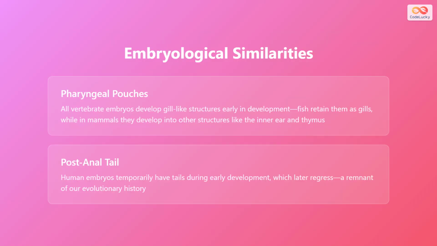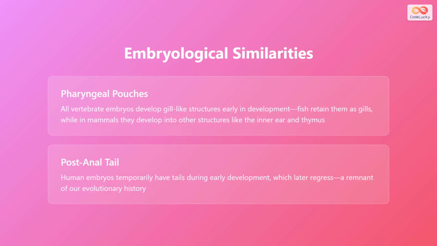Let's look at specific examples of embryological similarities. All vertebrate embryos develop structures called pharyngeal pouches early in their development. In fish, these develop into gills for breathing underwater. But in mammals like humans, these same structures develop into completely different organs, including parts of the inner ear and the thymus gland.